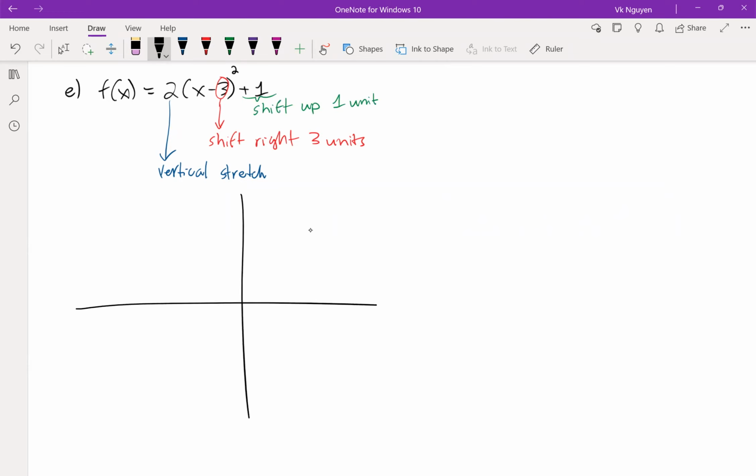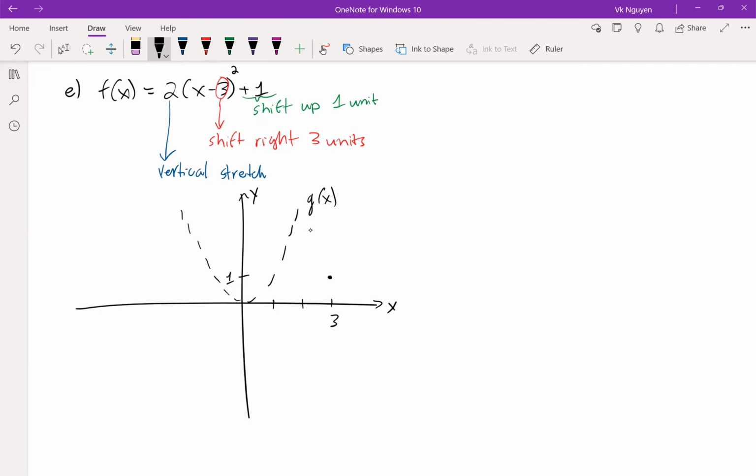Let's take a look. This is g(x), the parent function. So now we're going to do the vertical stretch, meaning it's going to get a little thinner, and then we shift right 3 units, shift up 1 unit. So essentially we are shifting the vertex to the right 3 units, 1, 2, 3, and up 1 unit.